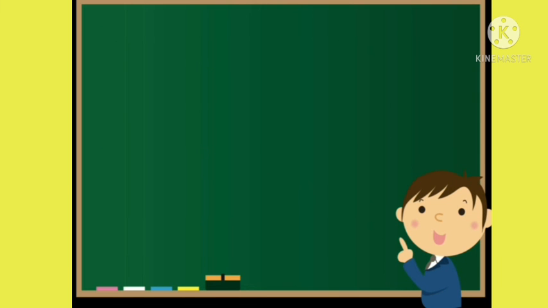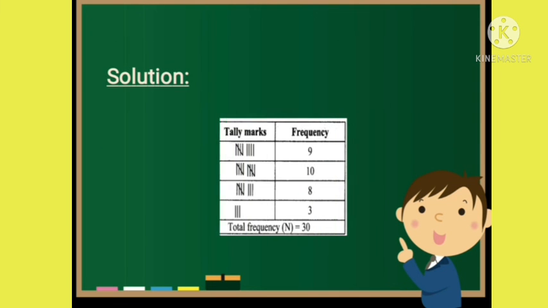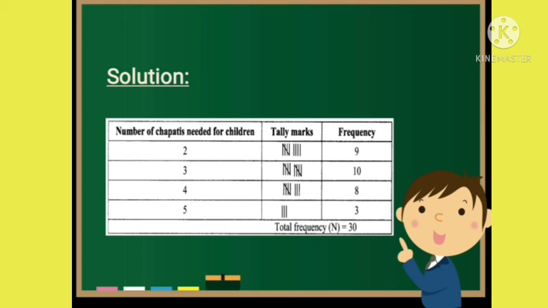Let's start solving it. Let's prepare a frequency table with 3 columns. Number of chapatis needed for children, second column tally marks, and third column frequency.